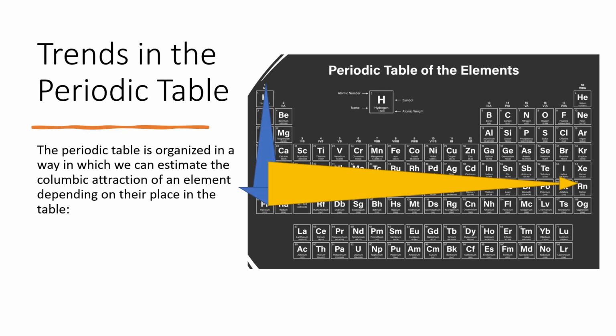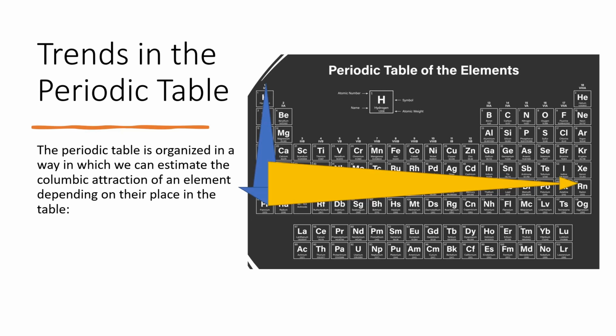So these arrows show atomic size, but when we convert it into Columbic attraction, these arrows actually show the opposite. So when you're trying to figure out how much Columbic attraction oxygen has versus nitrogen, we'll say oxygen has more Columbic attraction even though it has less atomic radius.